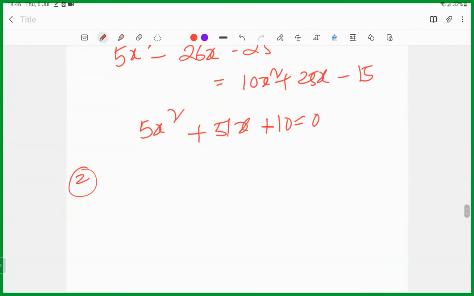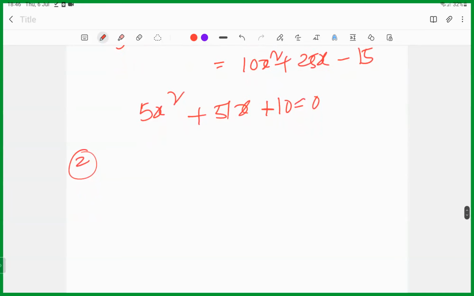You can simply say equal to plus or minus. Or if you need to solve it, how to solve it? If you need to solve this question, how to solve it? b square minus 4ac must be greater than 0.